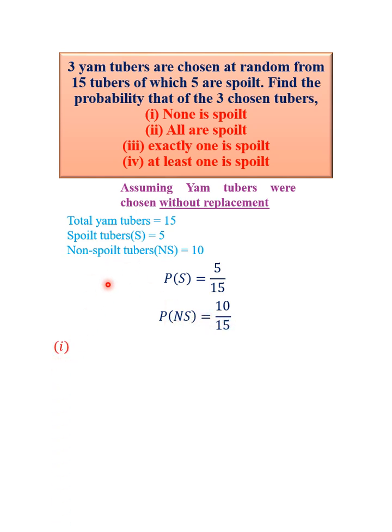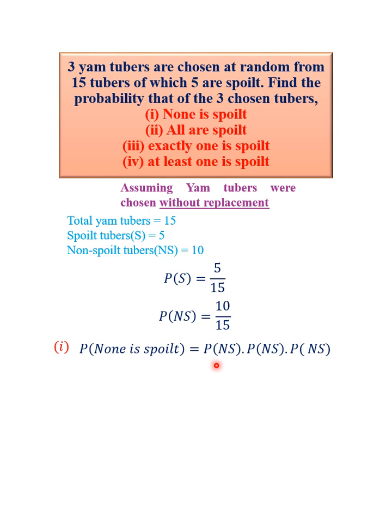The first one says, what is the probability that none is spoiled? The probability that none of the 3 tubers that we're choosing is spoiled is equal to the probability that the first tuber chosen is not spoiled, and the probability that the second tuber that was chosen is not spoiled, and the dot means and, the probability that the third tuber that was chosen is not spoiled.